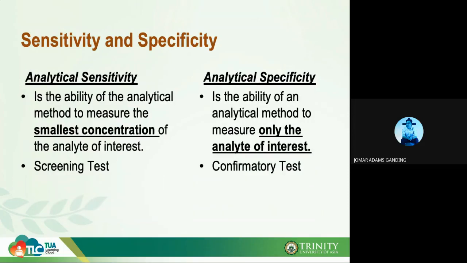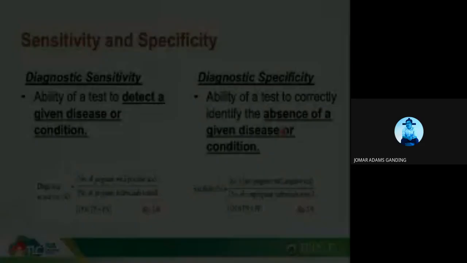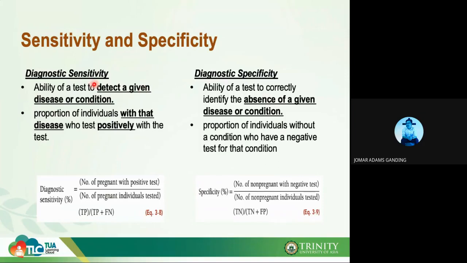Now, if we're talking about the ability of the test to correctly identify individuals that do not have the disease, that is diagnostic specificity. So again, diagnostic sensitivity is the proportion of individuals with the disease that will test positive. And diagnostic specificity is the proportion of individuals that will be negative. They do not have the disease.